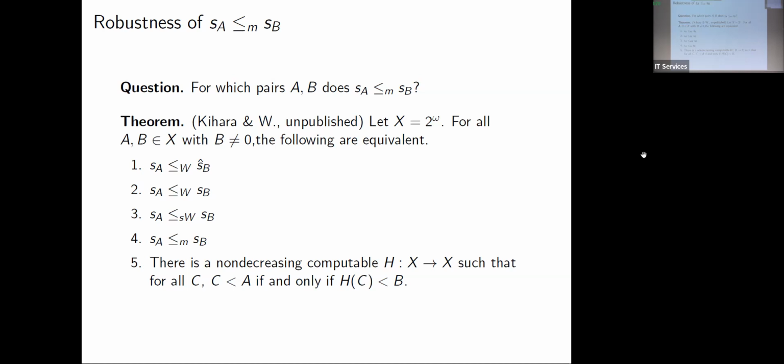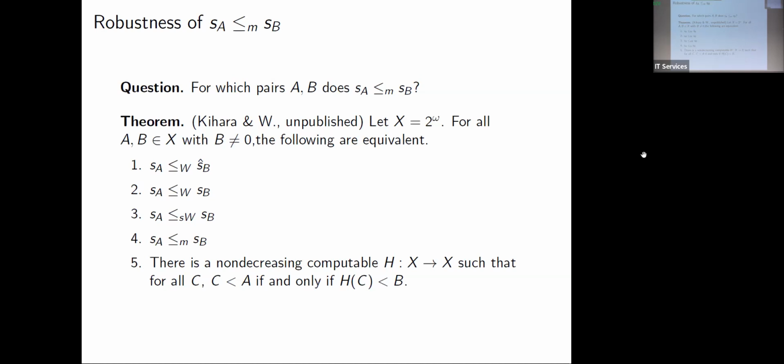This M reducibility was of course a very special kind of Weihrauch reducibility. But in fact, even if you consider, on the surface, a much stronger way to use the step function at B to compute the step function at A, which is parallelized Weihrauch reducibility, then that's still the same.